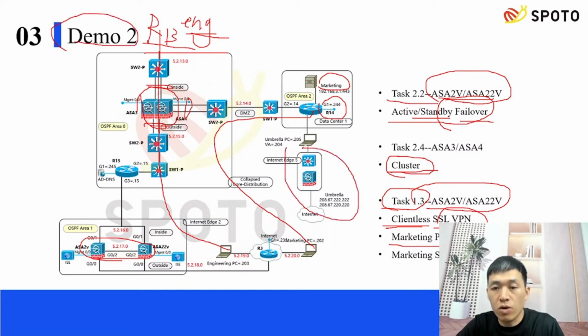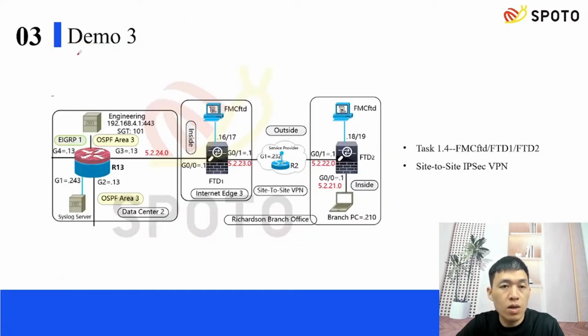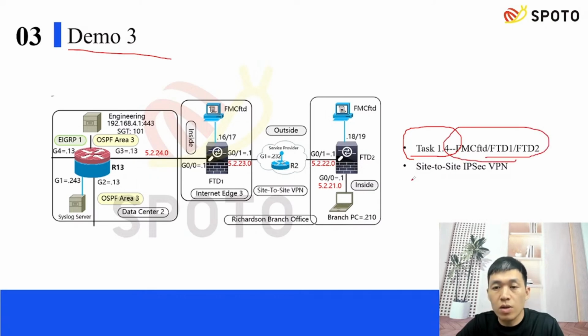And here for umbrella, we will have a separate page for this content later, and we will check it at that page. And demonstrate task 1.4 about these devices, and we will deploy site-to-site IPsec virtual private network.